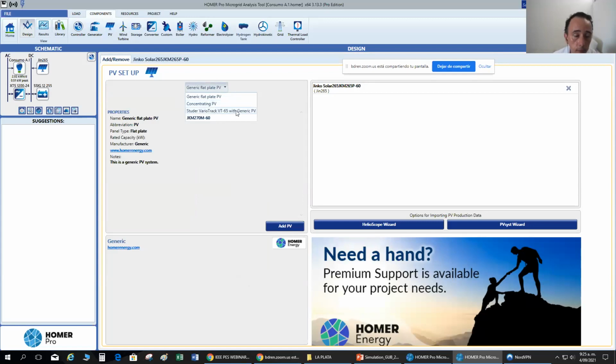and it has some mistakes like this. It is the name of the controller. I don't know why it is here, and this is a solar PV model. I don't know what is here, but maybe you say I don't want to use this.